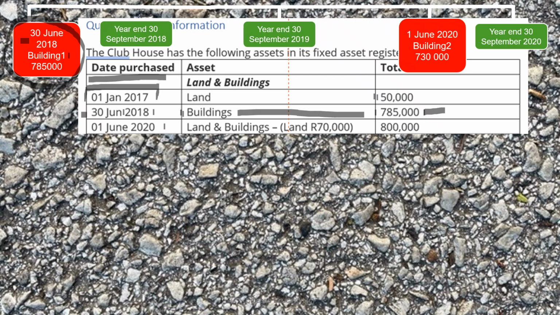Then on the 1st of June 2020, there was land and buildings 800,000, but of the 800,000, 70,000 was land.